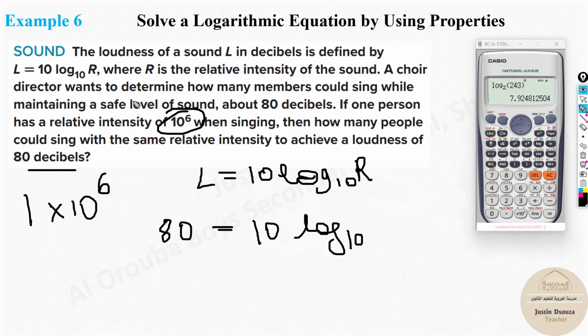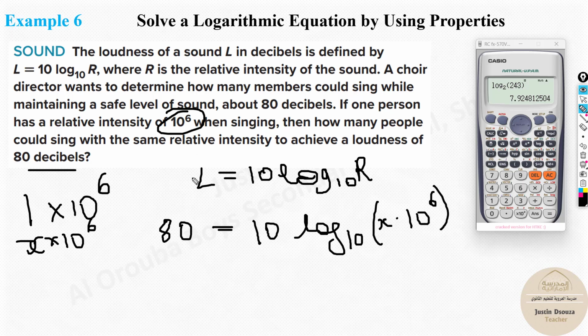But the director wants to know how many can sing. The X value. This is what they want, X. Instead of R, they want to know how many people multiplied by 10 to the power 6 can sing when the total loudness must be only 80. I'll repeat this again.